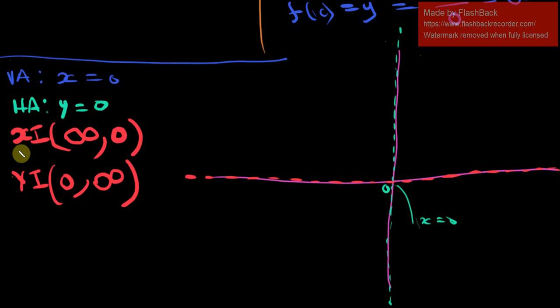Okay, we'll look at our x-intercept. What does it tell us? It tells us that when y is 0, our x-intercept is towards positive infinity. So the graph is going in that direction.